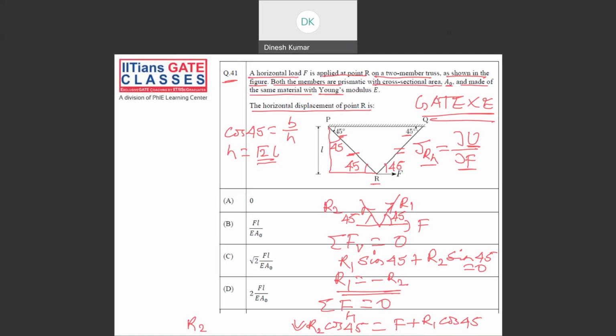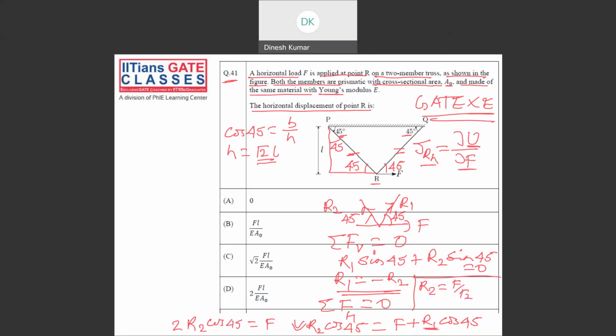From this equation you can substitute R1 as minus R2, so you'll get 2R2 cos 45 is equal to F. And from here, my R2 will be F upon under root 2.